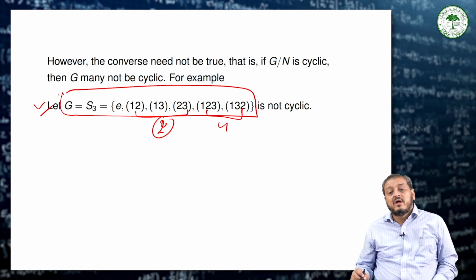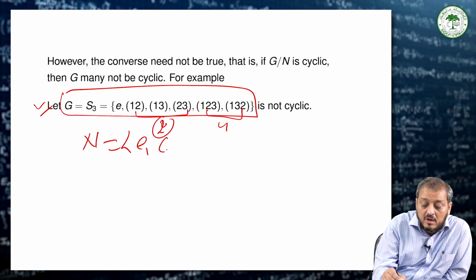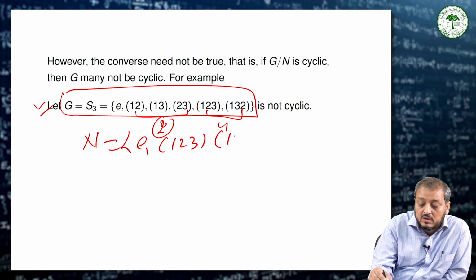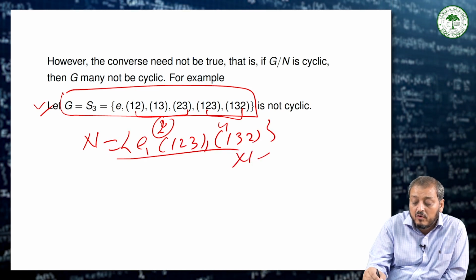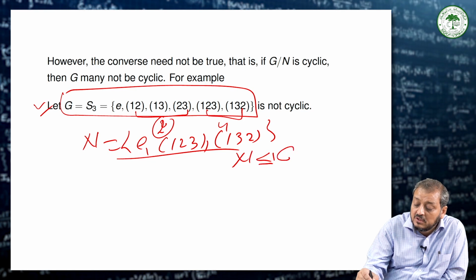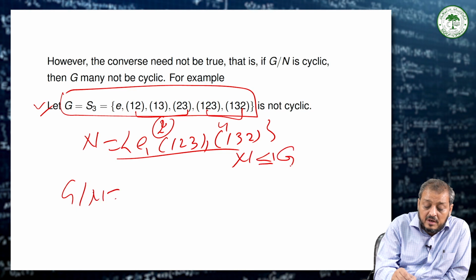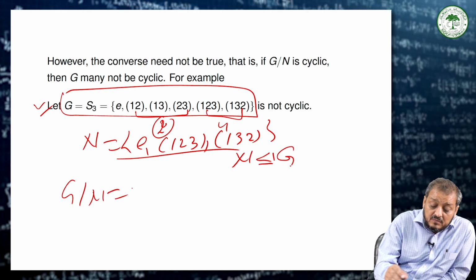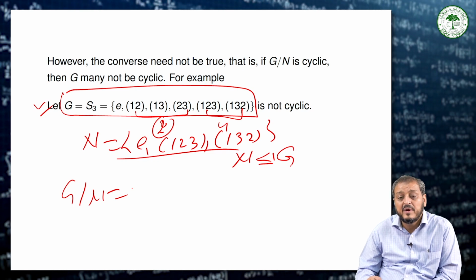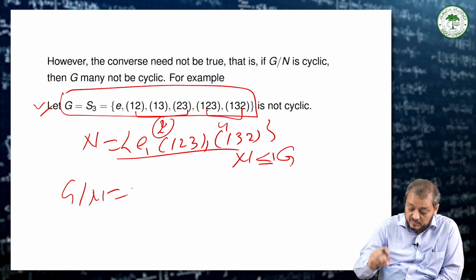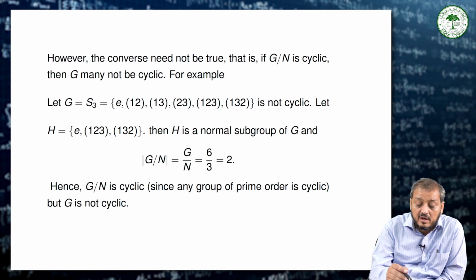Now we have to find an N. We take N in this form: e, (1 2 3), (1 3 2). We have already shown many times that N is normal in G. Then we have G/N, and G/N is generated by any one of the elements of this.